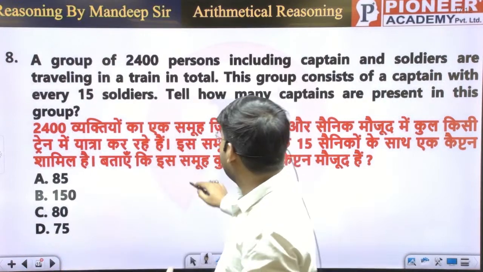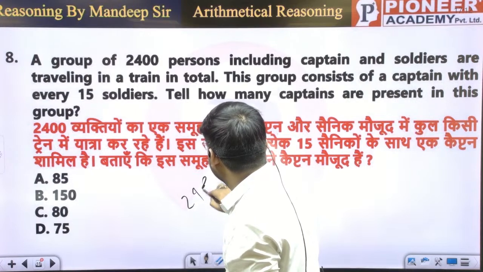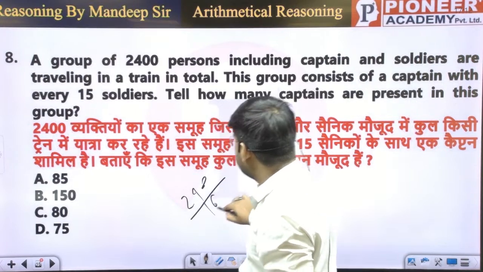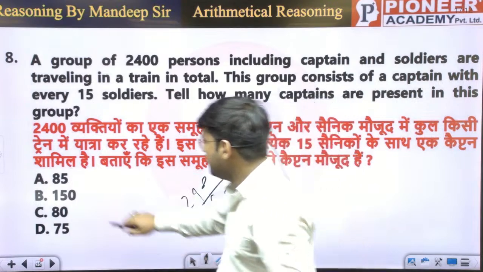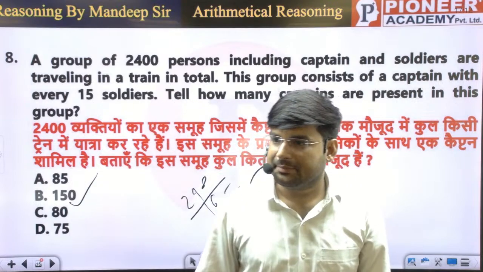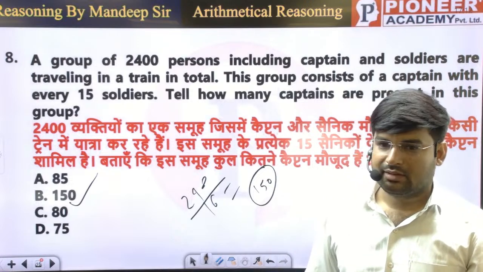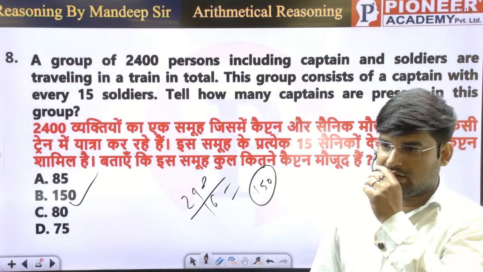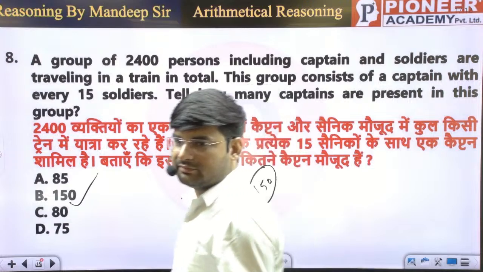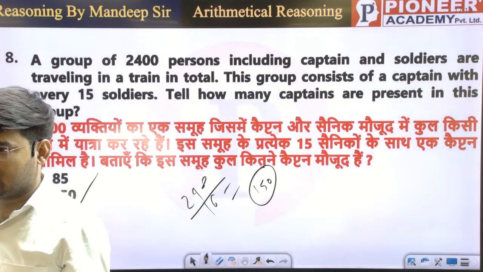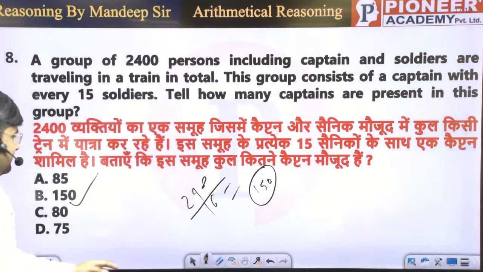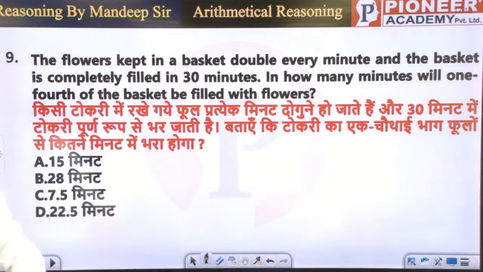So we have to do 2400 upon 16 equal to 150. 150 is the correct answer. Who said 150? It's not tough, it's a tricky question.